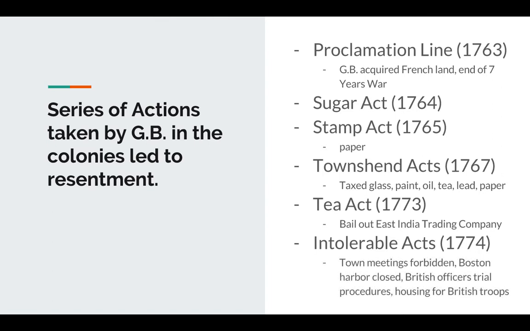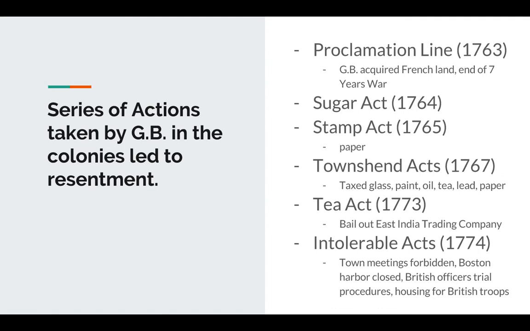So we have a couple of different things that were forbidden or taxed, or different actions taken that really upset the colonists. So town meetings were forbidden, so the right to assemble was taken away. The Boston Harbor was closed, and this was a crucial port for the colonies.